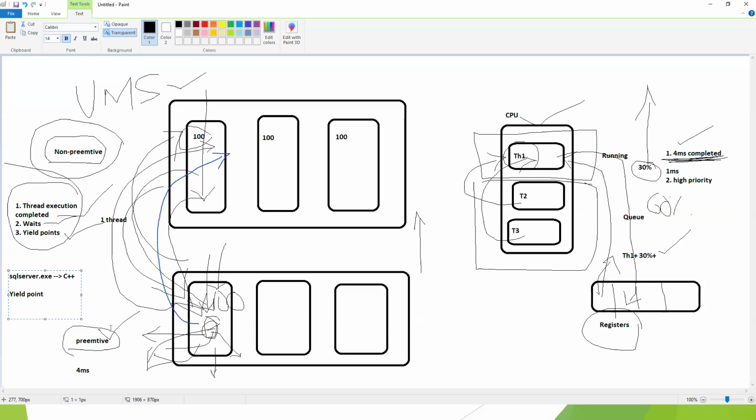A yield point means whenever your query execution touches or meets that yield point, then the query should come out of the CPU. It should not run longer. Even if there is a yield point, the query should not keep executing. If it does, then it can be a SQL bug, and in the majority of cases, a SQL product bug, not your individual application.